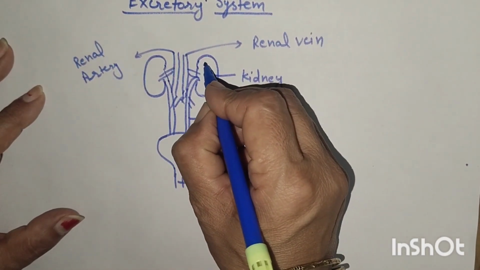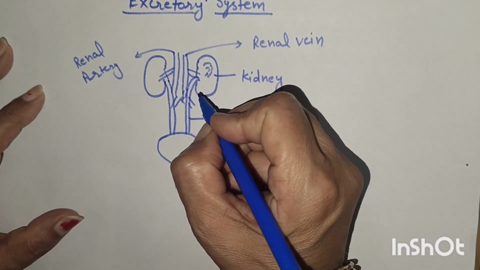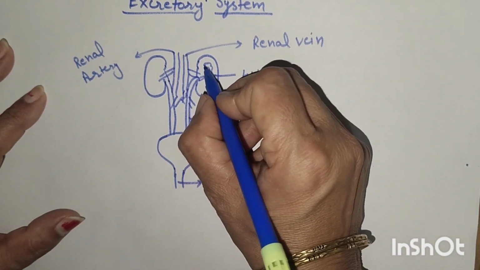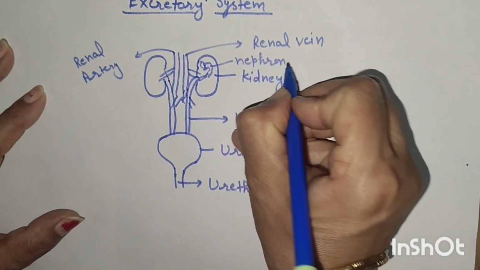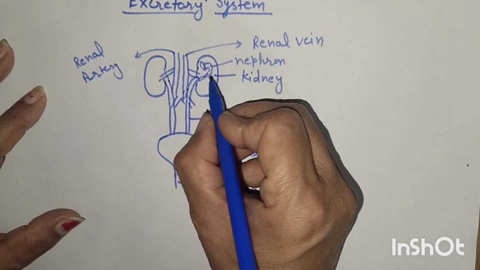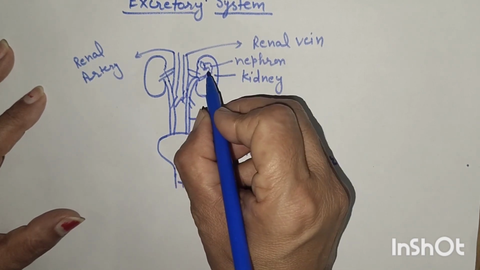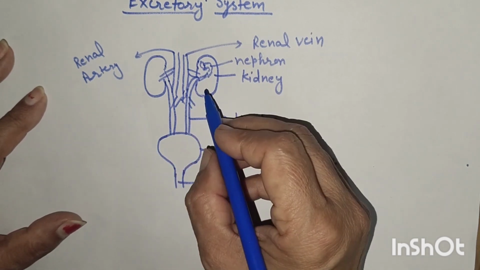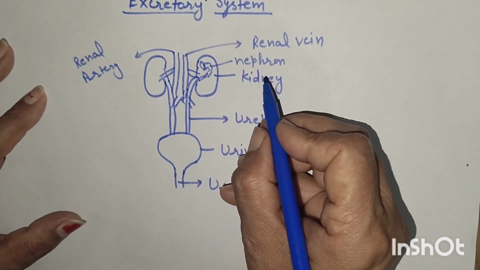The kidney consists of a large number of uriniferous tubules, or filtration units, that are called nephrons. These are the filtering units in the kidney which help in the filtration and purification of the blood and release harmful substances in the form of urine, a yellow-colored liquid product that is separated from the blood with the help of the nephron.